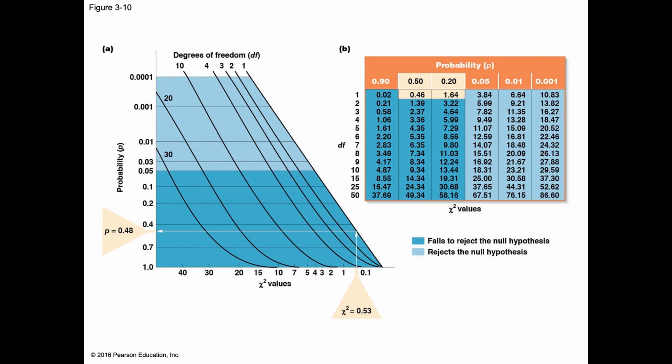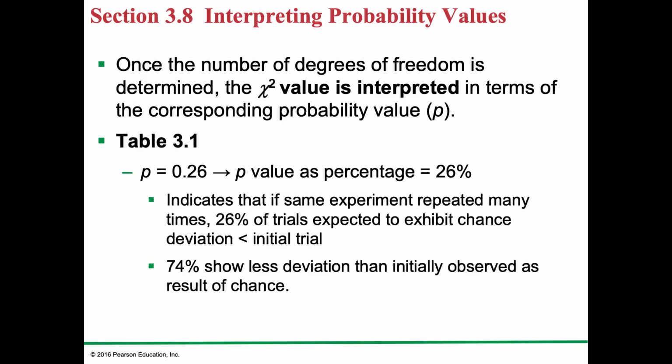So, okay, well, what does that mean? So what? P is 0.48. Well, basically what that means is P is your probability value. So for example, it's giving you 0.26, but let's use our example, 0.48. Our p-value as a percentage is 48%.